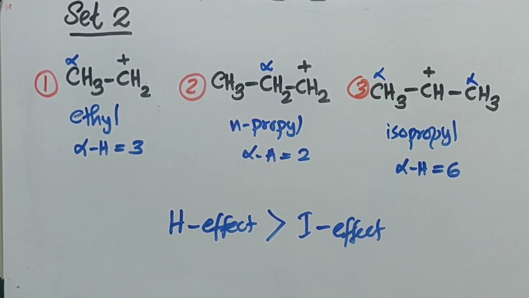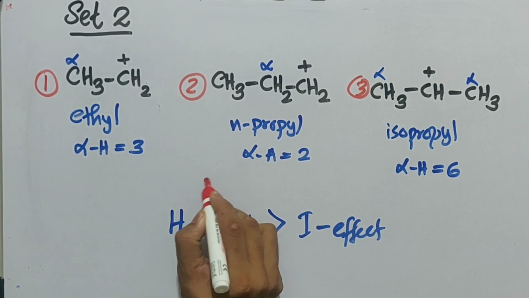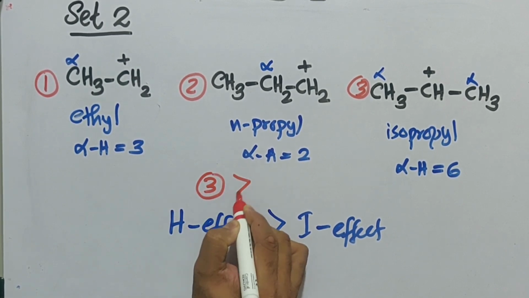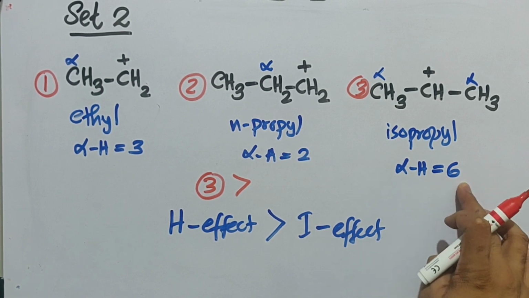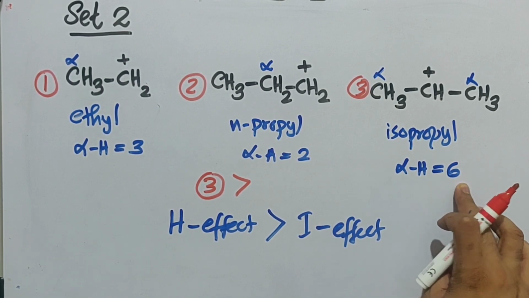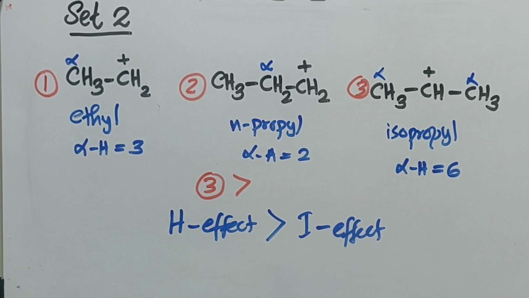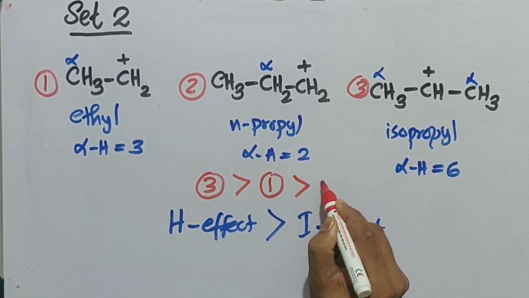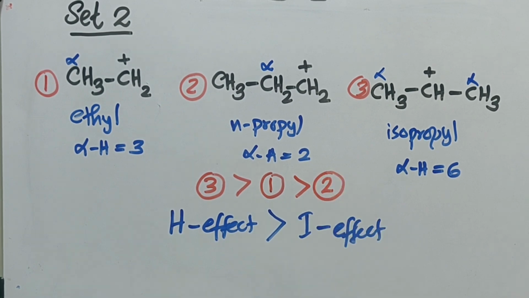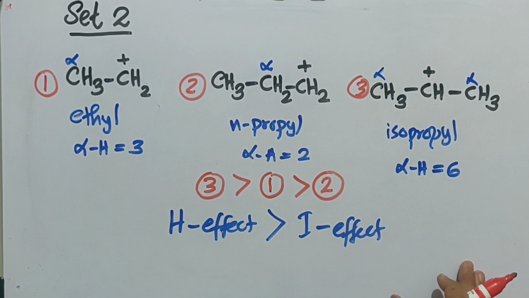Then the order of stability is 3 is greater. Why? Because of the greater number of alpha hydrogen atoms. So 3 is greater than 1, then 2. This is the decreasing order of stability of these 3 species. Don't forget this one.